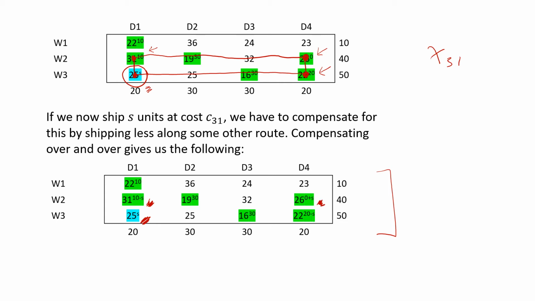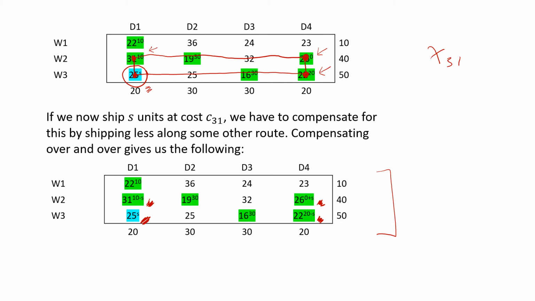Now distributor 4 is getting too many, so they have to receive S fewer units from warehouse 3. And now the cycle brings me back to where I started, and you can see that everything adds up again. What I've done is I've found another way to ship things.